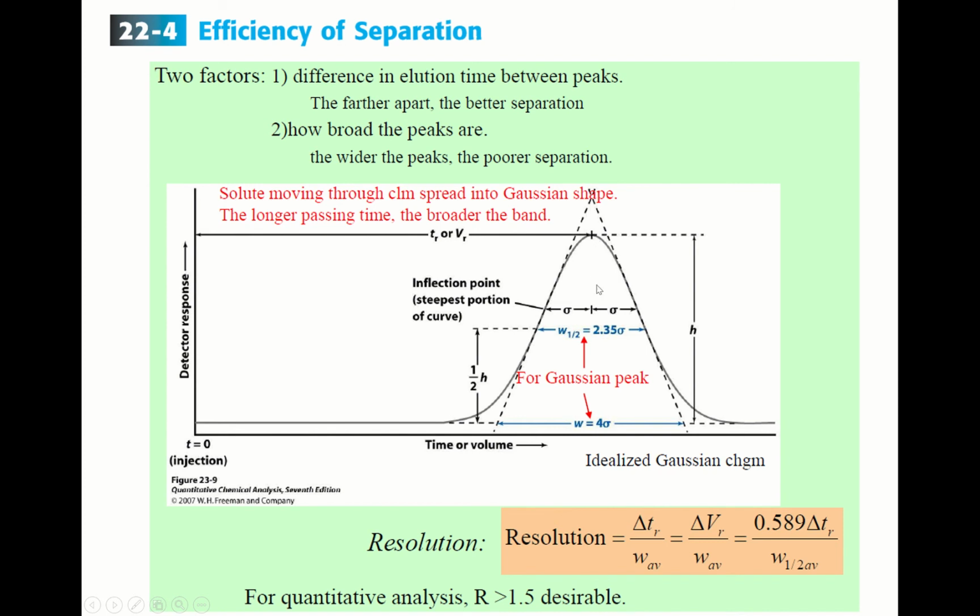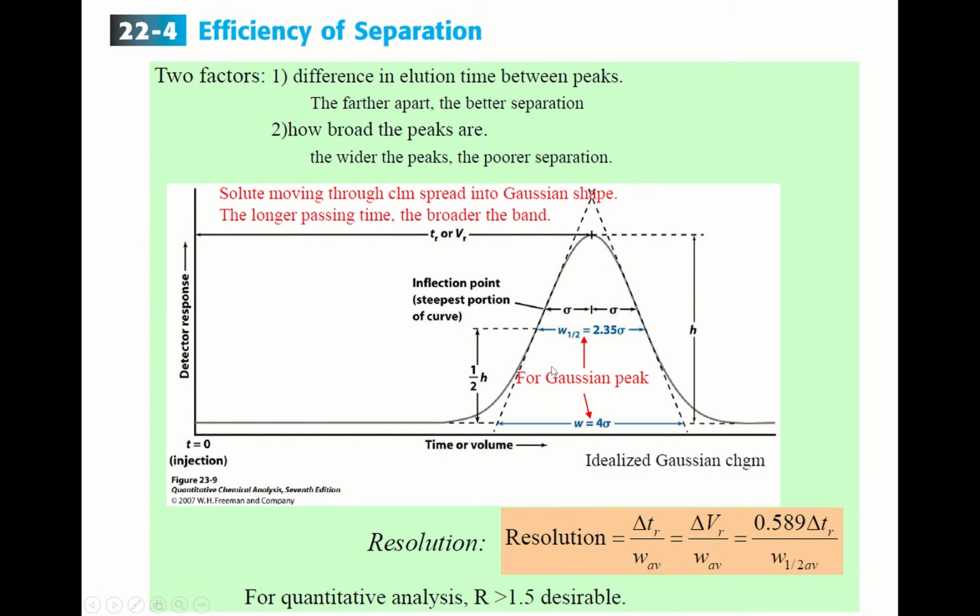Okay, this is the maximum, and half maximum here, and then the width is W1/2. If this W1/2 is very small, then the peak will be very sharp, but still a Gaussian curve. But if this one is large, then you will get a very fat Gaussian distribution curve.